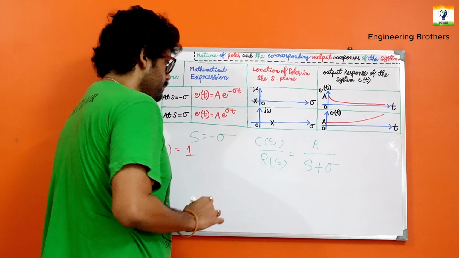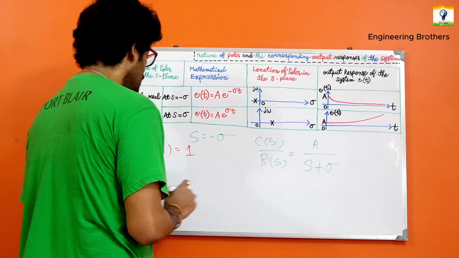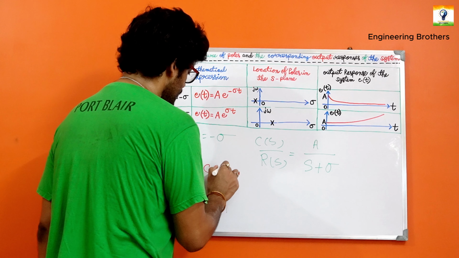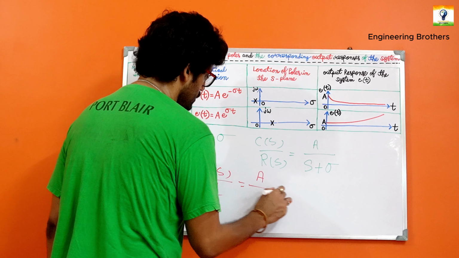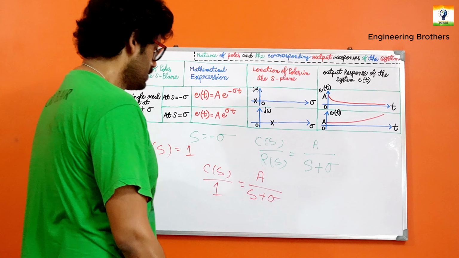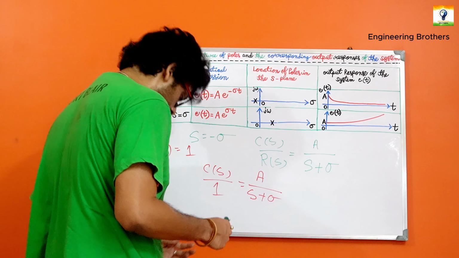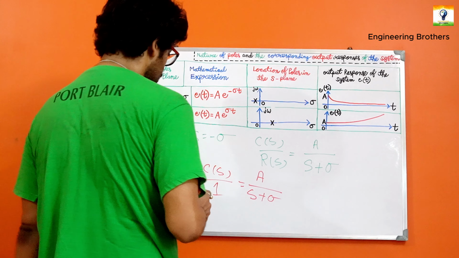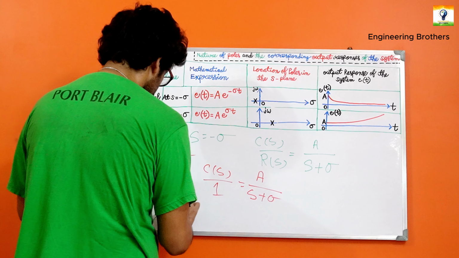Ultimately, if we apply the impulse response in this transfer function, we have C(s) divided by 1, that is, A divided by (s plus sigma). So C(s) is equal to this. At the last stage, we apply the inverse Laplace on this given equation.